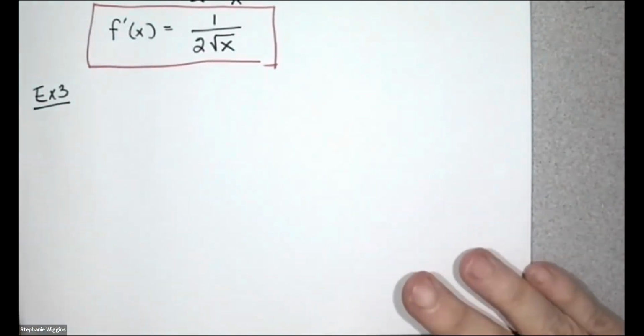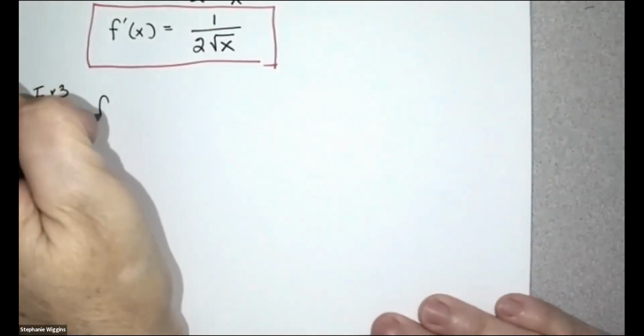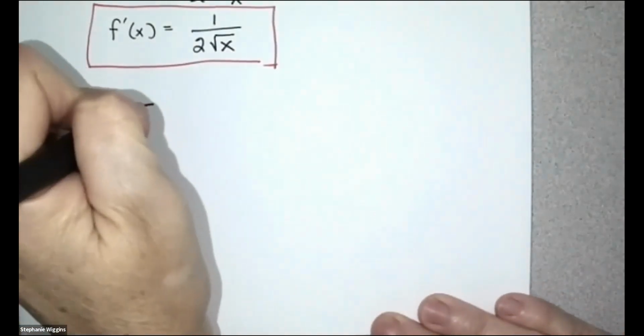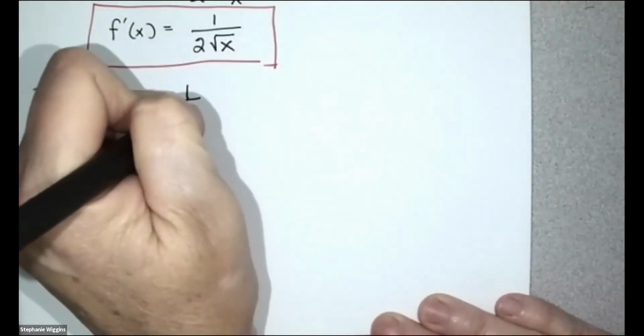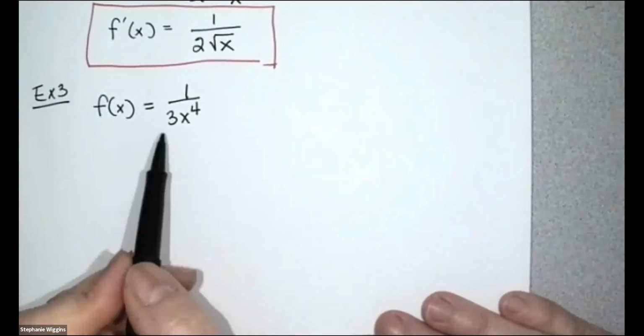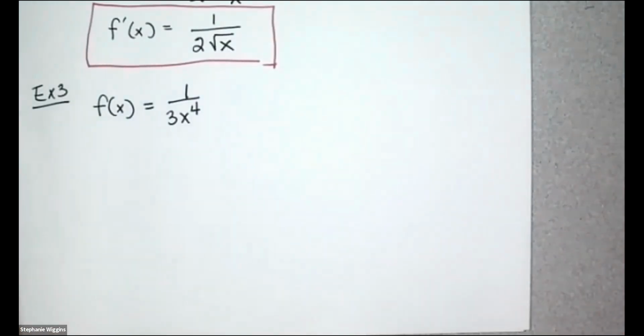So let's do another one. Now this is the format that we want to write our function in. Typically we don't like negative exponents, so we like to put things in the denominator if they have a negative exponent.